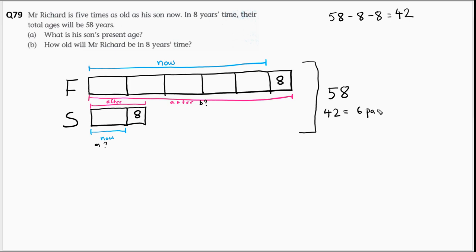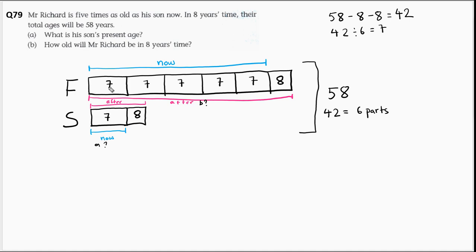Sometimes you'll see people talking about the equal parts as units. All right. Now we can calculate the value of each of them then. So we've got 42. We're going to divide that by 6 and we get 7. So each of these represents 7 years.